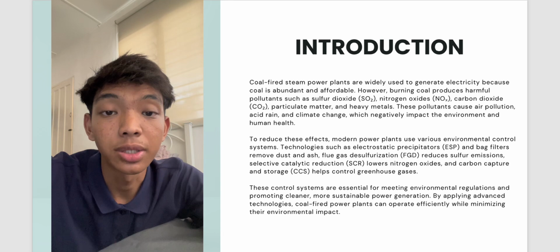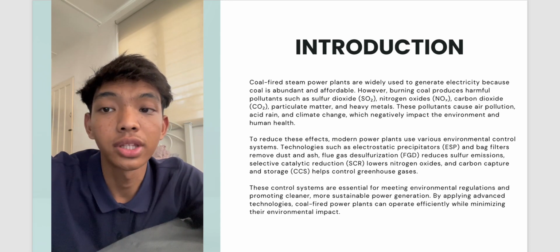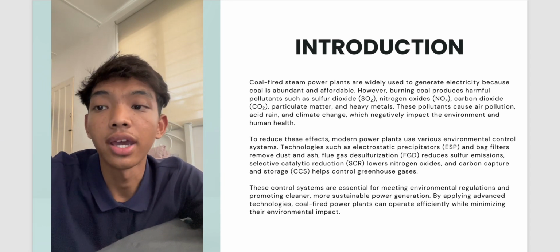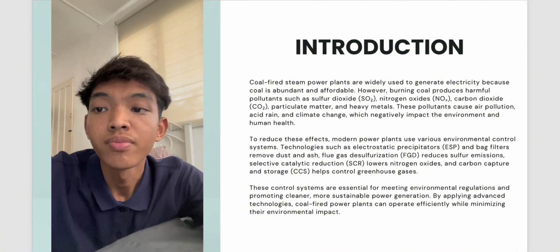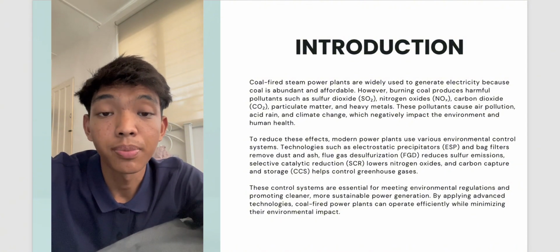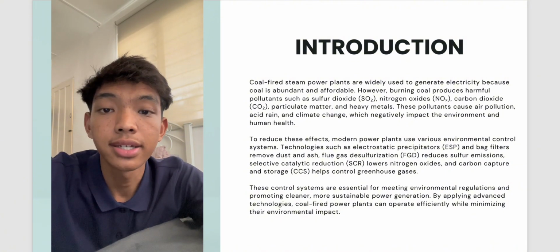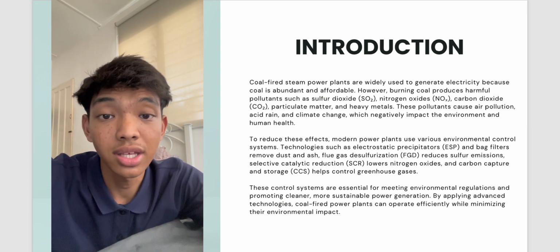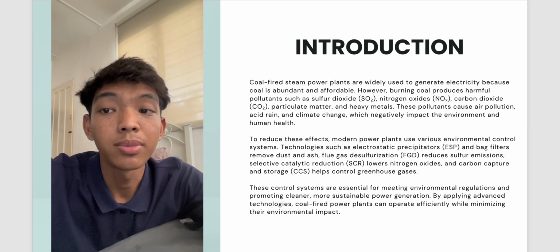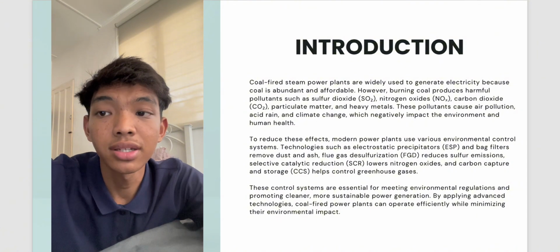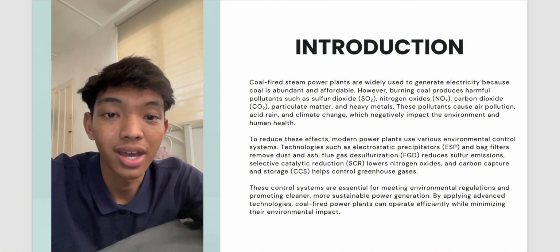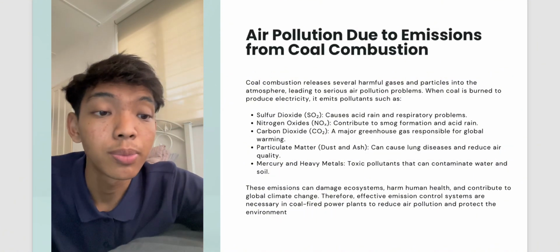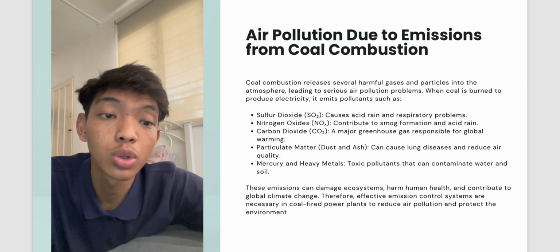These control systems are essential for meeting environmental regulations and promoting cleaner, more sustainable power generation. By applying advanced technologies, coal-fired power plants can operate efficiently while minimizing their environmental impact.